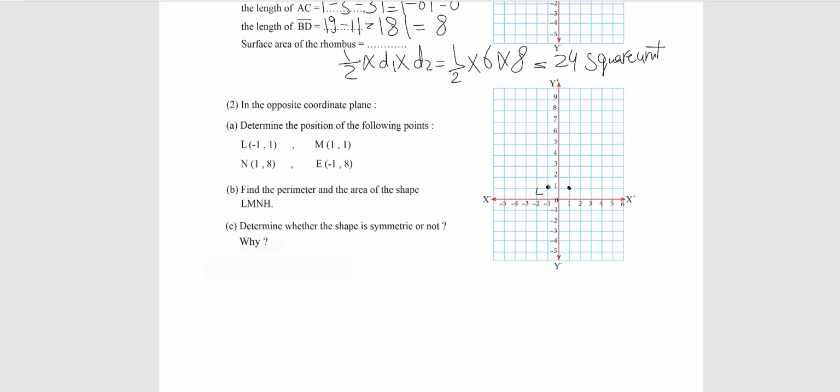The point N equals 1 and 8. Here is N. After that, the last point is negative 1 and 8.